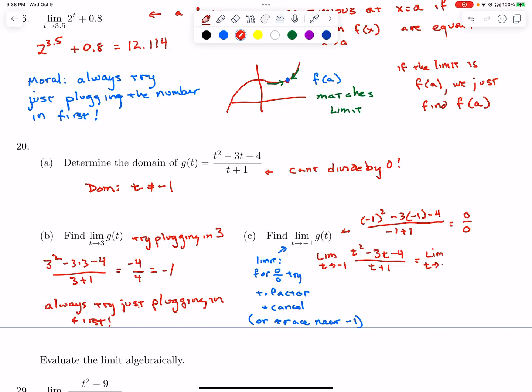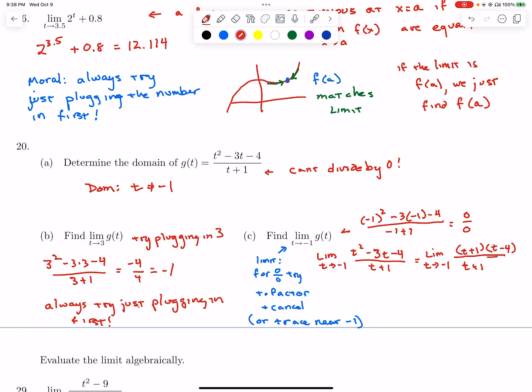Limits mean you can cancel things that might be zeros legally. Here's the trick. If the bottom is t plus 1 and that's giving you the problem, one of the factors on the top should be t plus 1. If you have 0, that means t minus a is a factor. So what's the other factor? It must be -4.